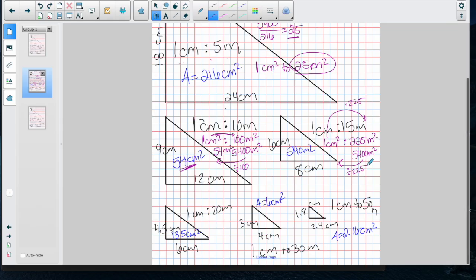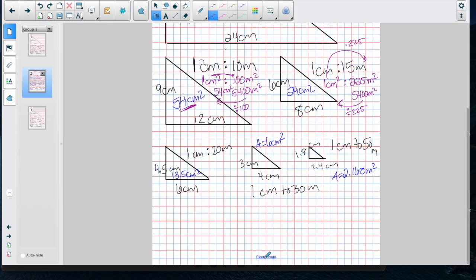Why does this matter? Well, if all we had was the drawing and the scale, and I didn't know the original measurements, I could find the original area using the scale by squaring the scale.